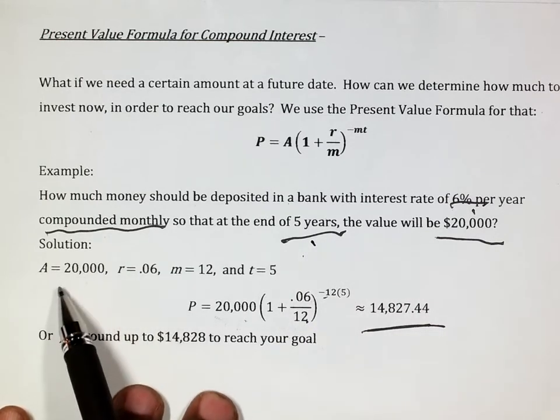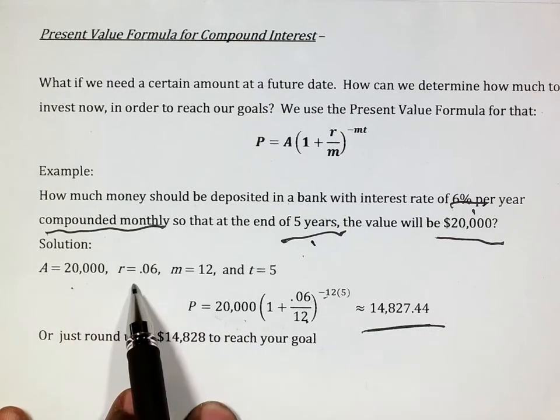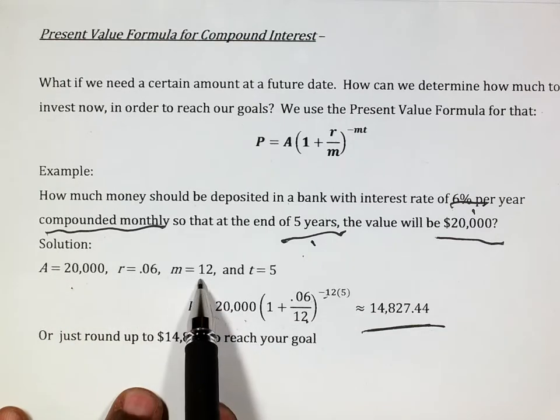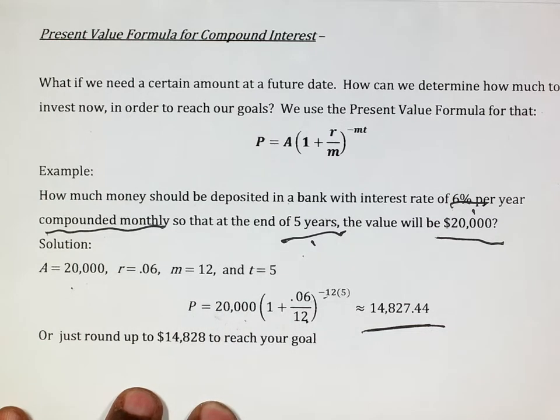So for this, A is $20,000. The interest rate is 0.06. It's compounded monthly, so m is 12, and the time is 5 years. When we plug that in, we get 20,000 times (1 plus 0.06 divided by 12) to the negative 12 times 5 for our exponent, and it's approximately $14,827.44.